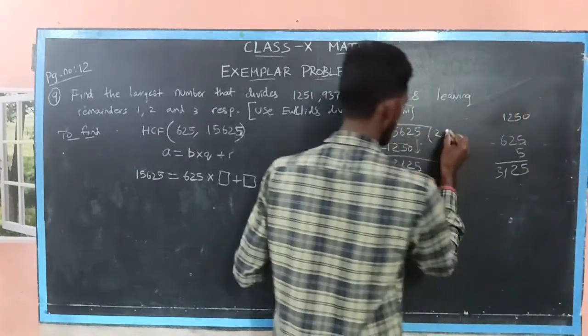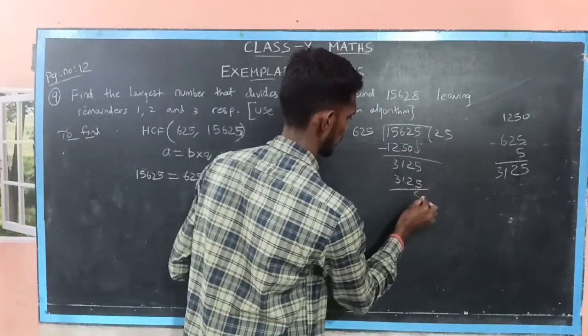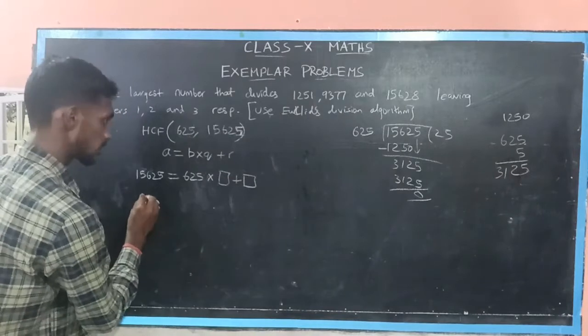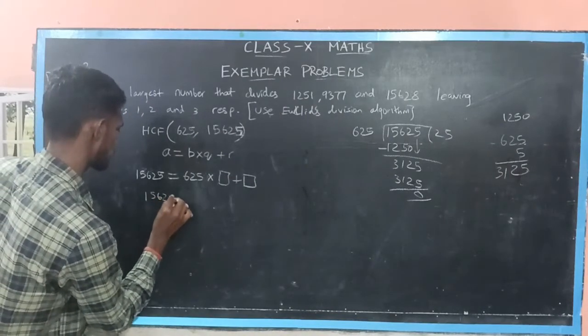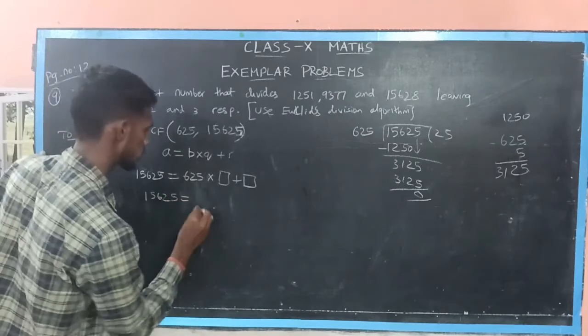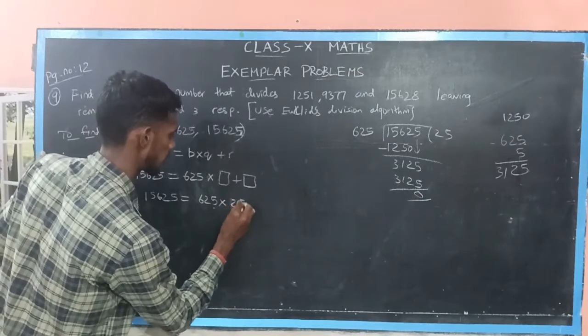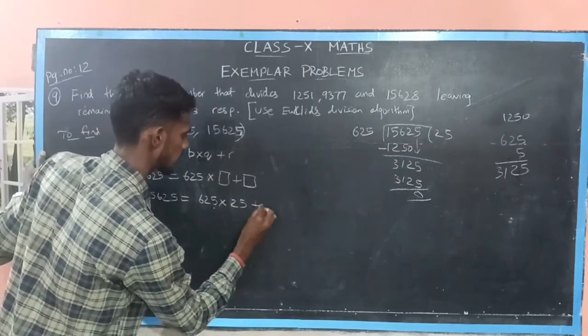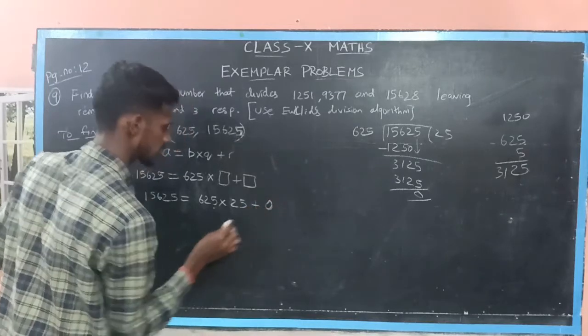So, I am getting 25. So, the number 15,625 can be written as 625 into quotient value 25 and the remainder value 0. So, I have to stop the solution.